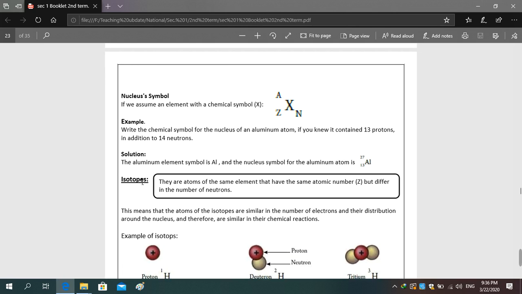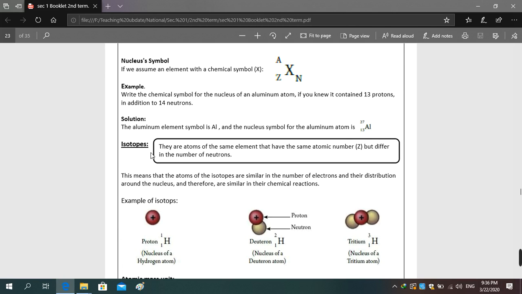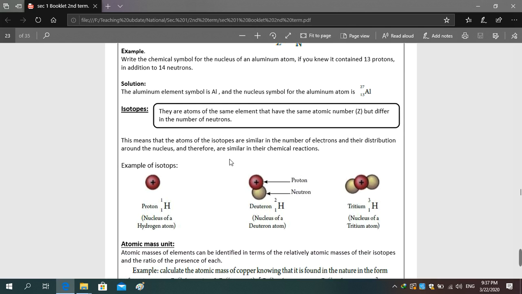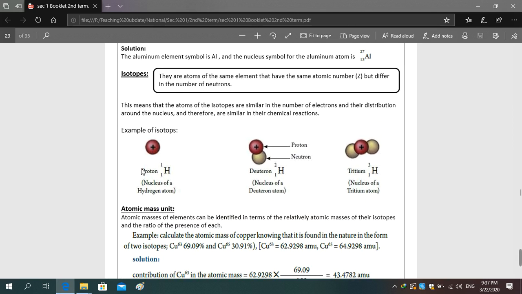Let's take the concept of isotopes. What are isotopes? Isotopes are atoms of the same element that have the same atomic number but differ in the number of neutrons. For example, the hydrogen atom has 3 isotopes.